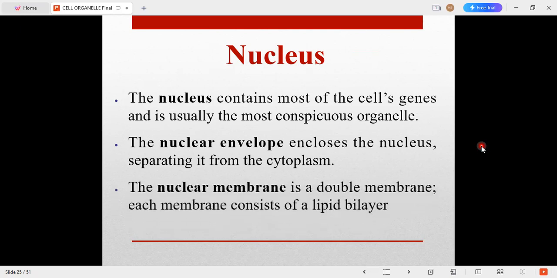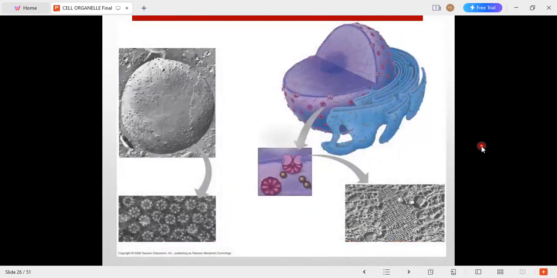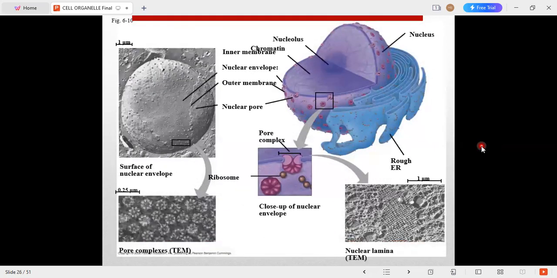The nuclear membrane is a double membrane. Each membrane consists of an individual lipid bilayer. Here you can see the detailed structure of the nucleus that contains chromatin, nucleolus, nuclear envelope, inner membrane, outer membrane, nuclear pores, and so on.